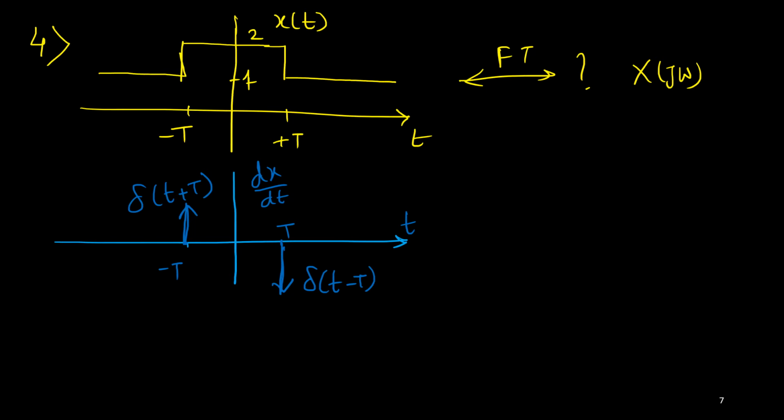Now you see, you have got exactly the same derivative as when we discussed the rectangular pulse or gate function located from minus T to plus T. If I consider a gate function like this, from minus T to plus T, it is 1, its derivative is also like this.